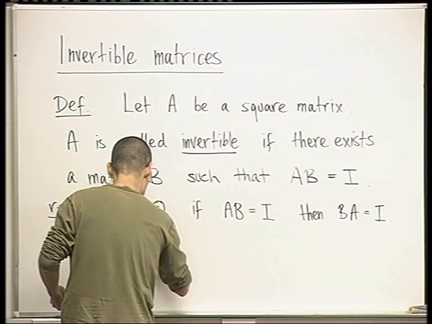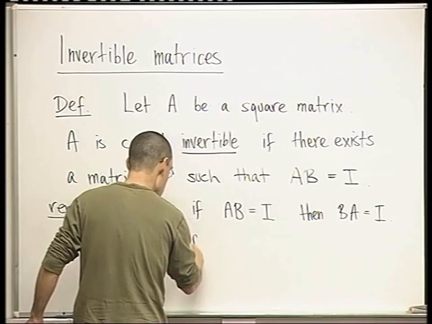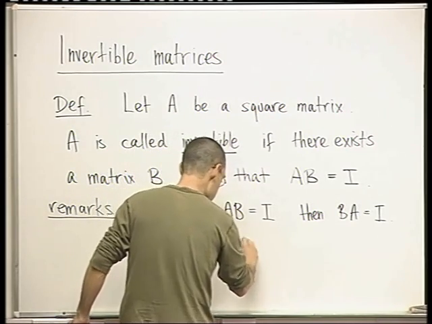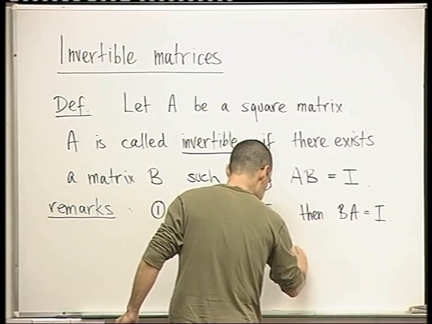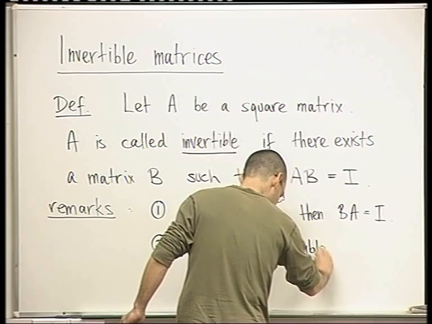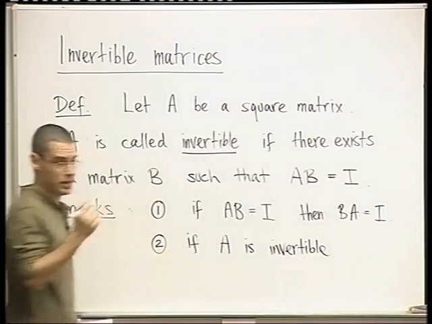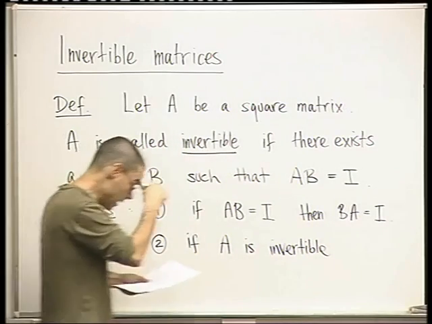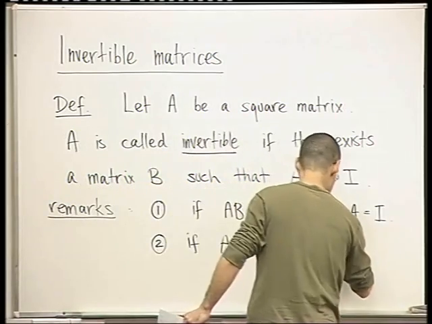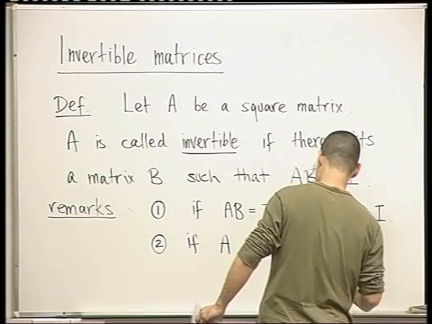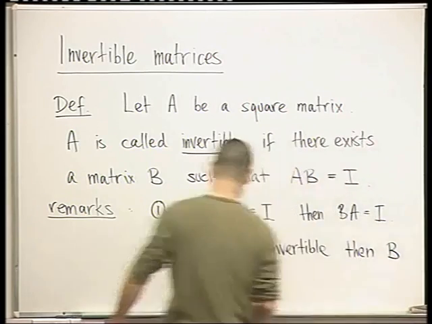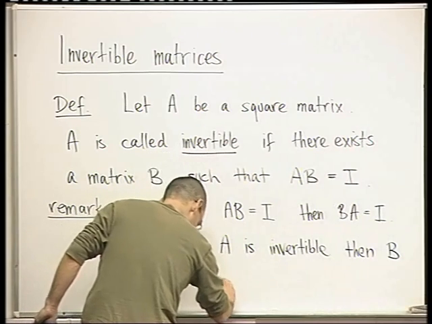And the second comment is, if A is invertible, and it's an if. We'll see in a minute in examples that not every matrix is invertible. But if it's invertible, then B is unique.